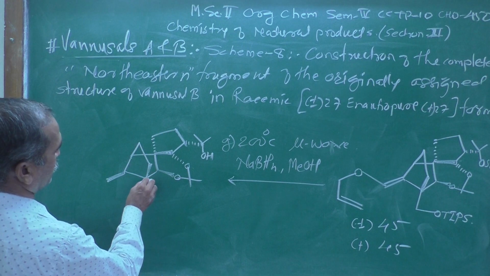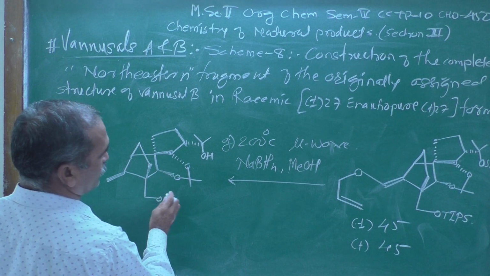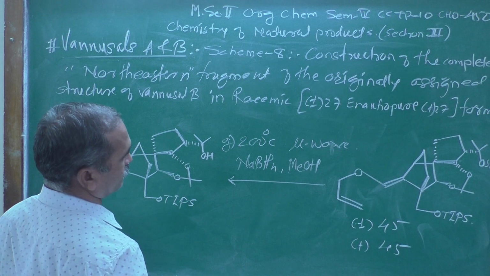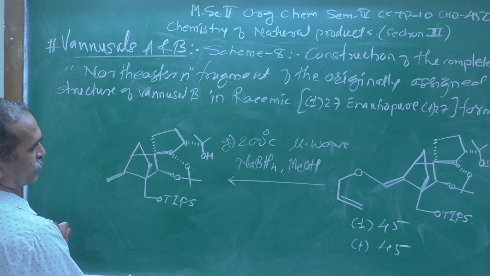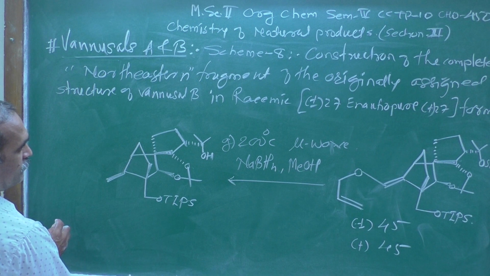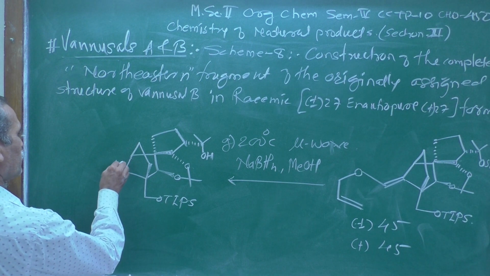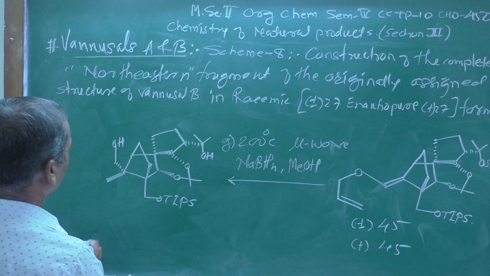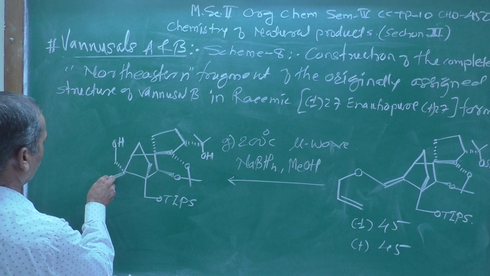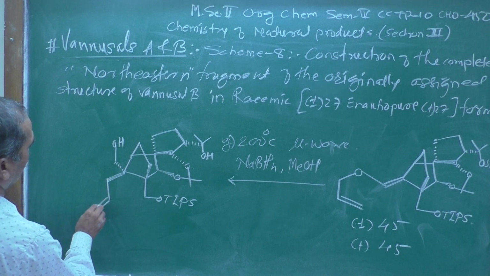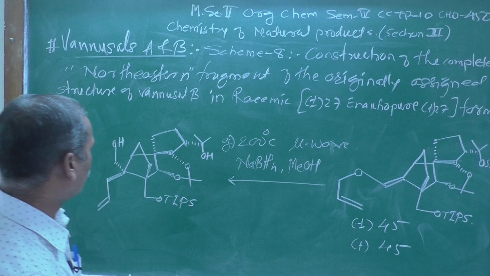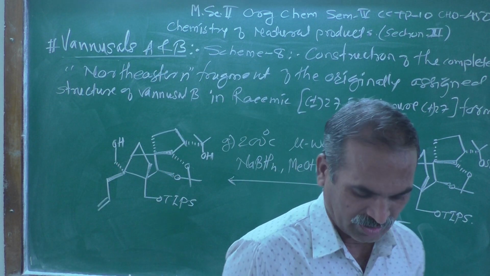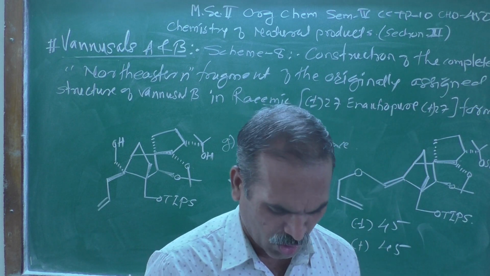After that, this protection also remains as it is, OTIPS. But here there is a hydroxy group, and after that you will get the allyl group, with this carbon-carbon double bond over here. So this is the structure which we got.